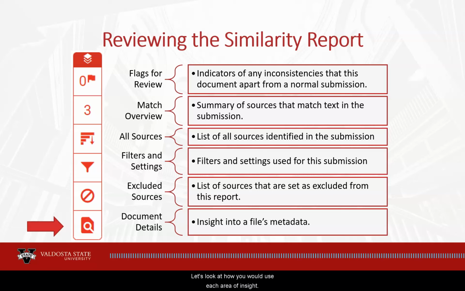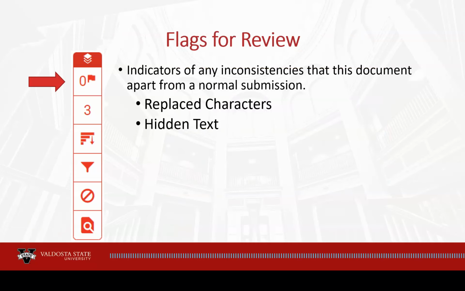Let's look at how you would use each area of insight. A reminder, Flags for Review will flag inconsistencies of replaced characters and hidden text in a document. Like all other Turnitin features, these flags are not necessarily indicators of a problem, but will point out something recommended for further review. In some cases, replacing a character is necessary, formulas using special characters, for example.